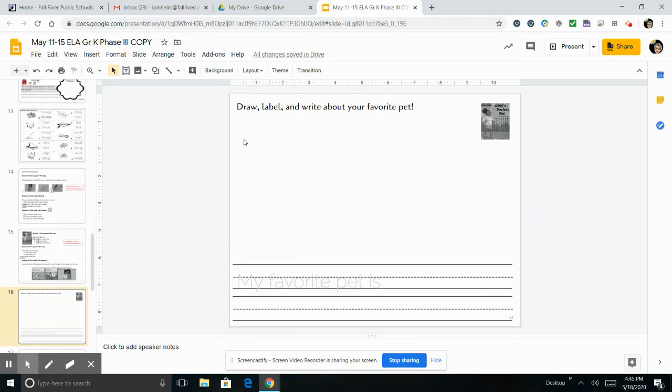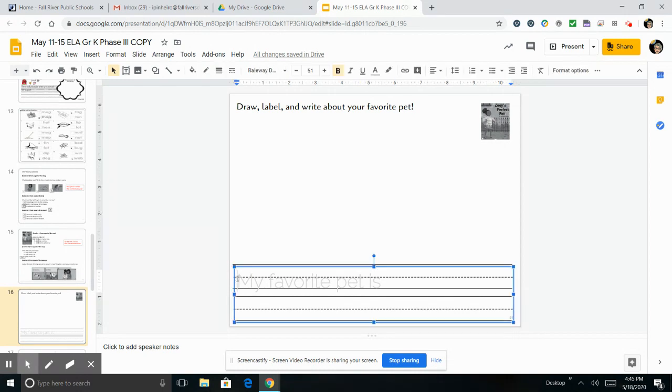Then here it says draw, label, and write your favorite pet. So if you're doing this on the computer, you can't draw it. But if you're doing it on paper, you can draw it. And I'm going to make this darker so that you can see it. It says, my favorite pet is.